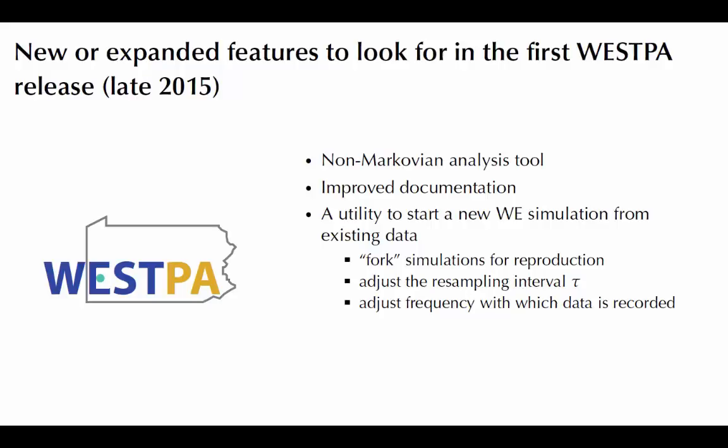And it's the error prone part that concerns us more than difficult. Difficult things we don't have a problem doing. Things that would screw up the user without the user even knowing, those we're very cautious about deploying. And so our way of making sure that users don't shoot themselves in the foot with adjusting tau is that you have to simply start a new simulation with an adjusted resampling interval.